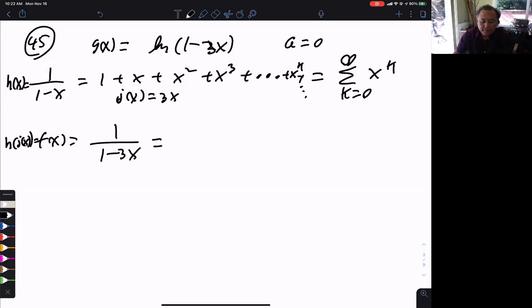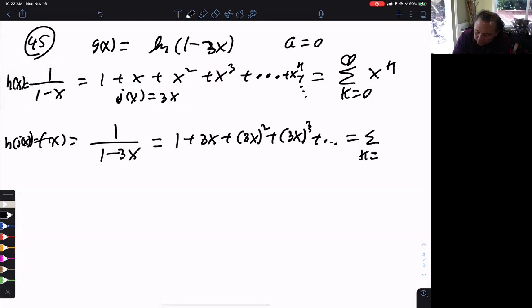Okay, so I'm going to replace all the x's with 3x. 1 plus 3x plus (3x) squared plus (3x) cubed plus dot, dot, dot equals, I'm not going to put the general term because I'm out of room, the sum from k equals 0 to infinity of (3x) to the k power.